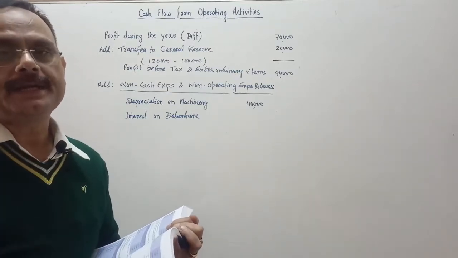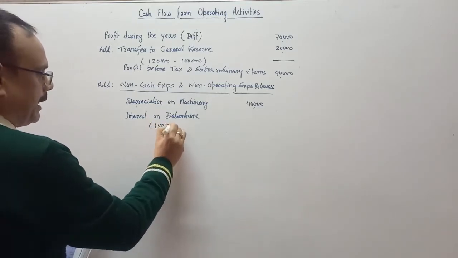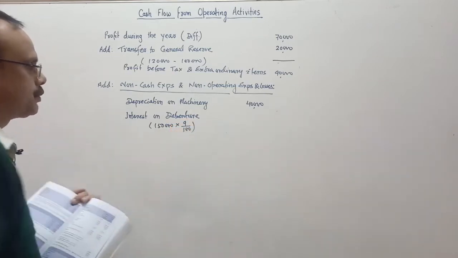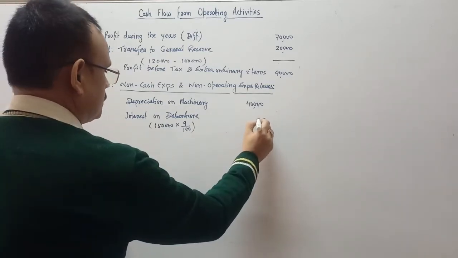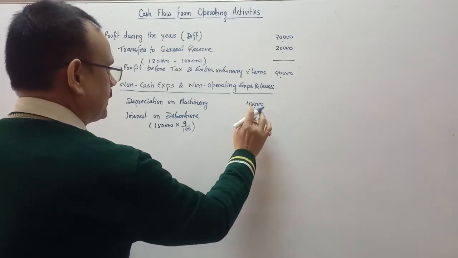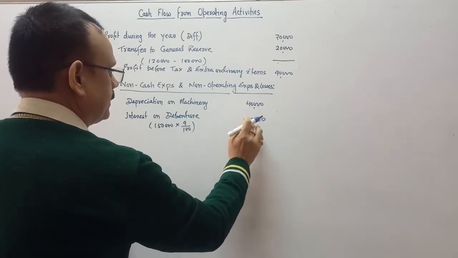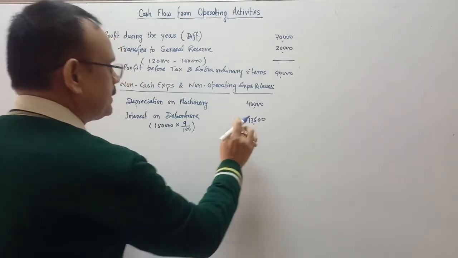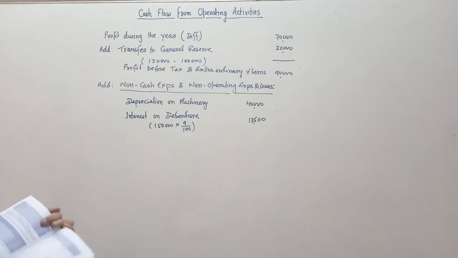So we will calculate the interest on 1,50,000 at the rate of 9%. So 9% of 1,50,000 is 13,500. 13,500 is the interest on debenture.